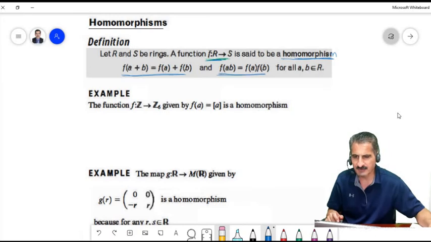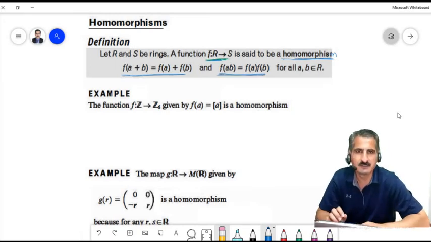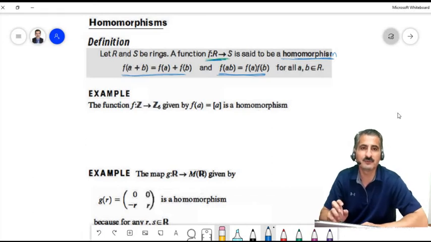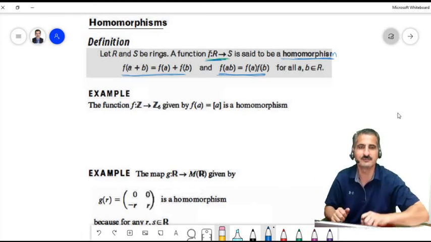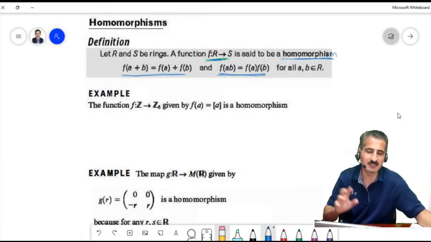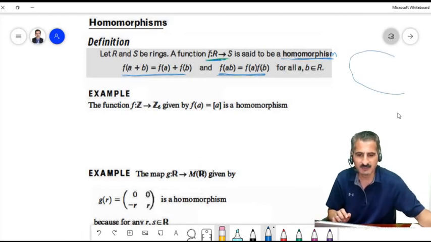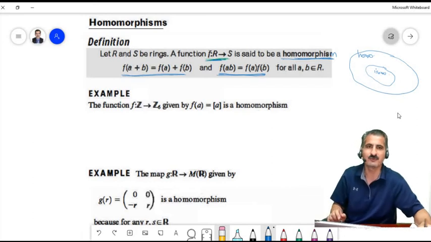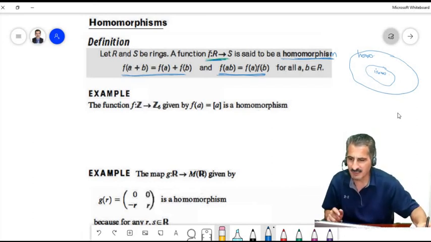We do not require injective and surjective. We only want the distribution over the two operations, the ones I just demonstrated using a figure. So every isomorphism is a homomorphism, but the opposite is not true. I may write it like this: if this is the domain of all homomorphisms, then isomorphisms are a subset. There are some homomorphisms that are not isomorphisms, and this is an example of it.